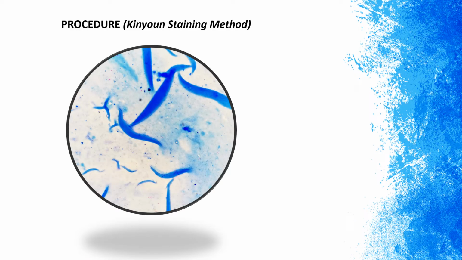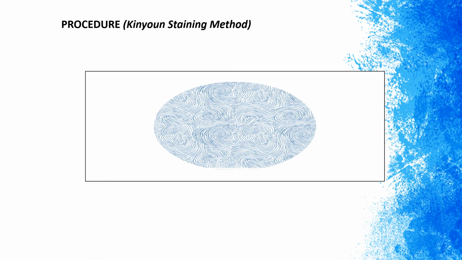So this is 1 oil immersion field, and that is equivalent to 1 visual field. If this is your smear, this portion from side to side is equivalent to 300 visual fields. So you have to cover this whole portion.